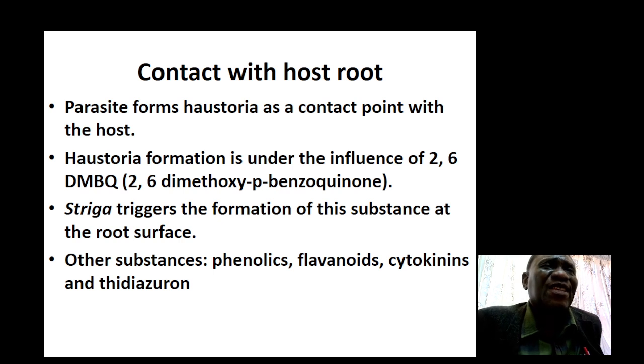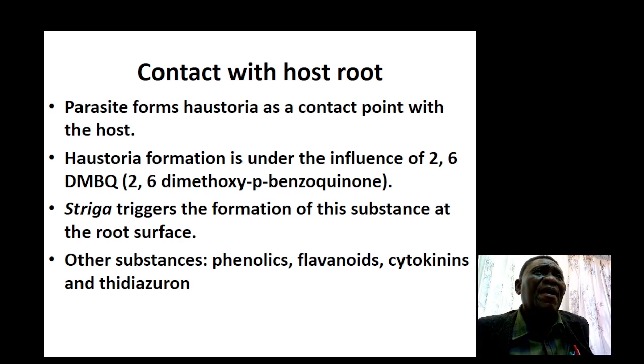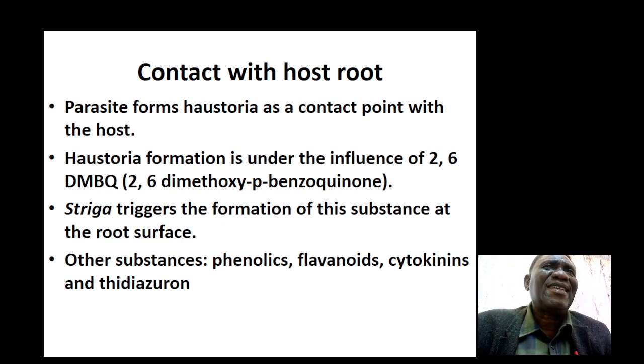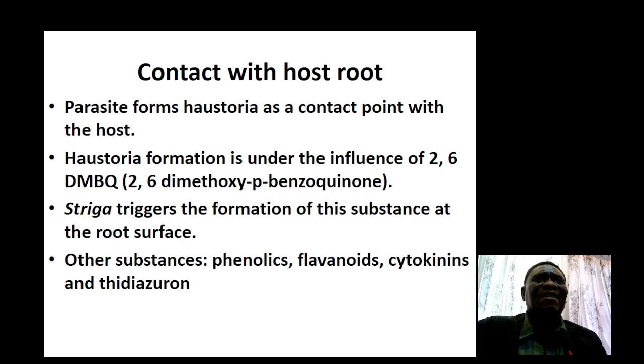Then for contact with the host root, the parasite forms haustoria on the point of contact, but this requires what is known as 2,6-DMBQ, or 2,6-dimethoxybenzoquinone. It's an example of the haustoria initiation factor, HIF in short.